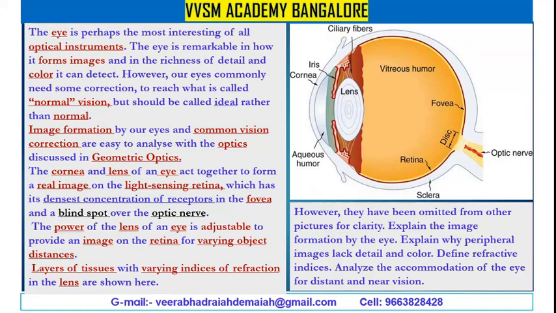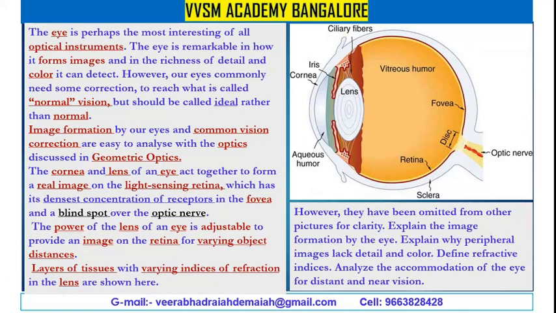Image formation by our eyes and common vision correction are easy to analyze with the optics discussed in geometric optics. The cornea and lens of an eye act together to form a real image on the light-sensing retina, which has its densest concentration of receptors in the fovea and a blind spot over the optic nerve.